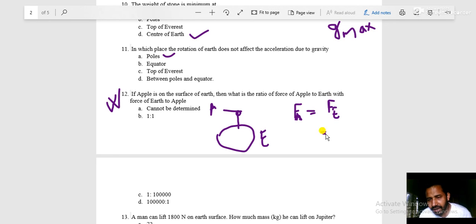The earth will experience a force equal to the mass of earth times the acceleration of earth, and the apple will experience a force equal to the mass of apple times the acceleration of apple.